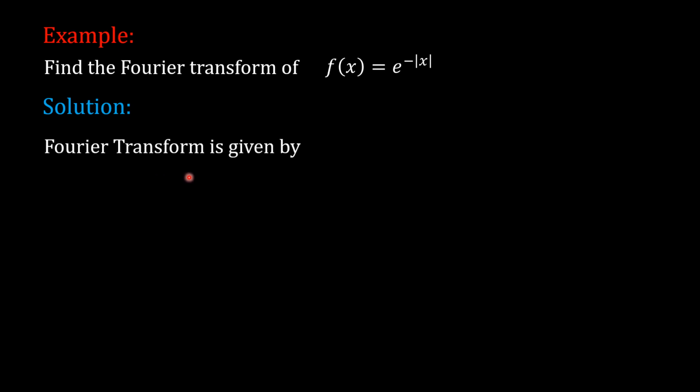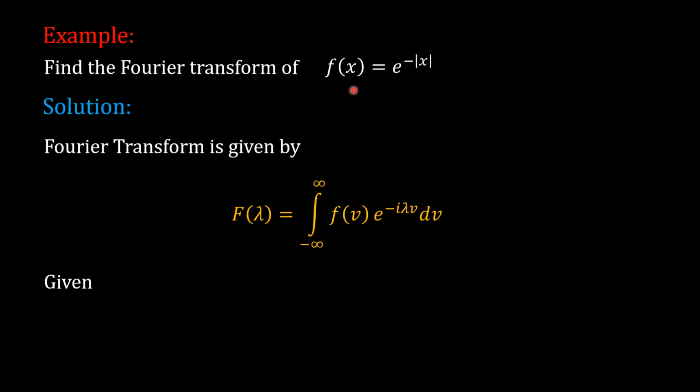Example: find the Fourier transform of f of x equal to e raised to minus mod x. Solution: the Fourier transform is given by F of lambda is equal to integration from minus infinity to infinity f of v e raised to minus i lambda v dv. Now we want to obtain f of v. So the given function is f of x is equal to e raised to minus mod x.